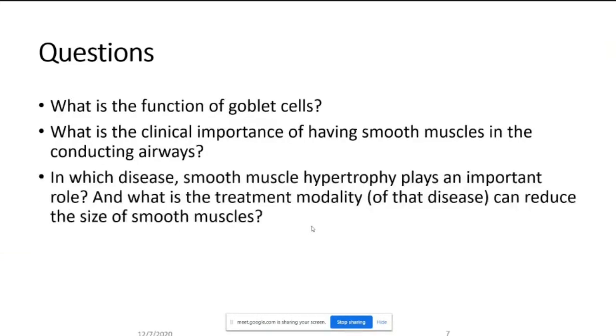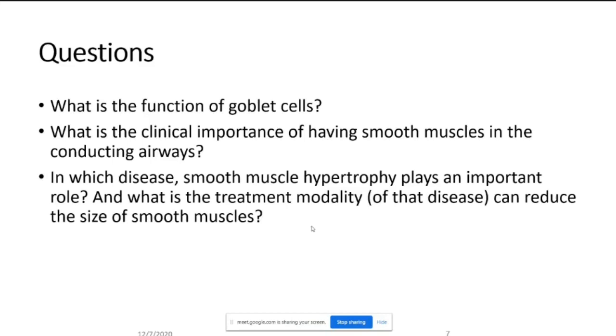In which disease does smooth muscle hypertrophy play an important role? Guys, which disease will make this smooth muscle undergo hypertrophy? In asthma, smooth muscle hypertrophy within the airways is a very important pathological change.